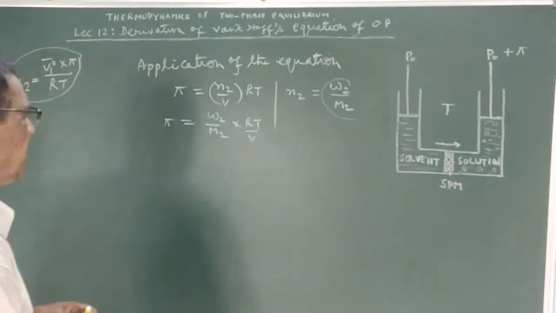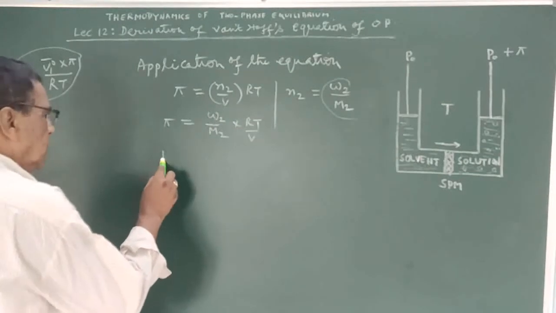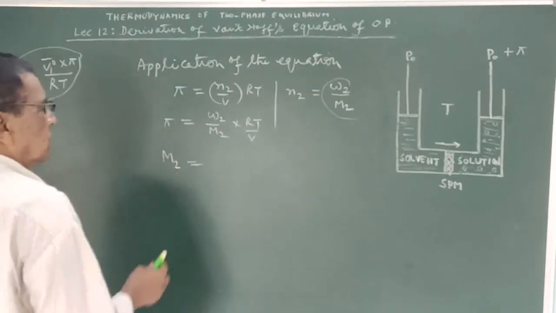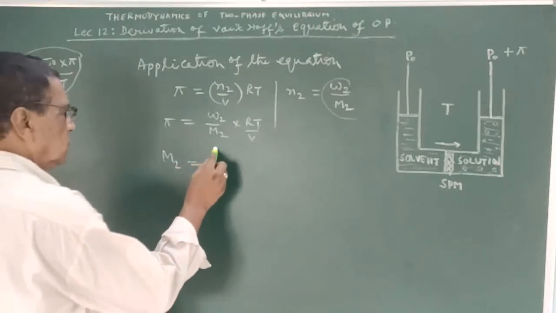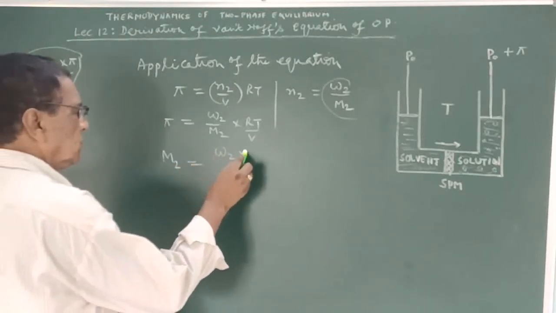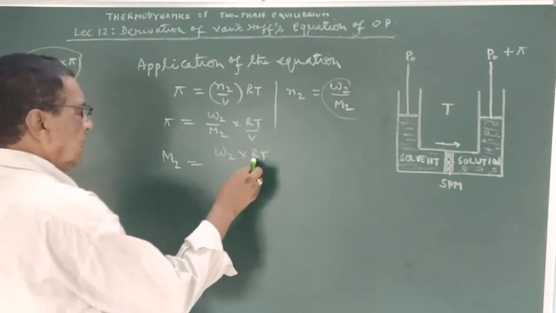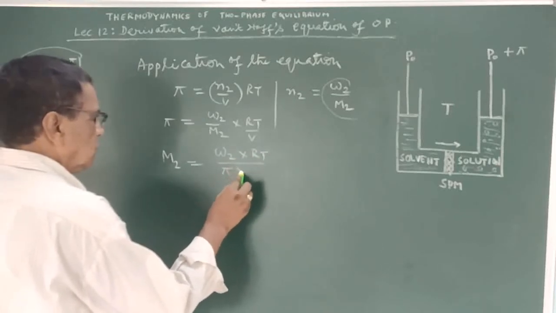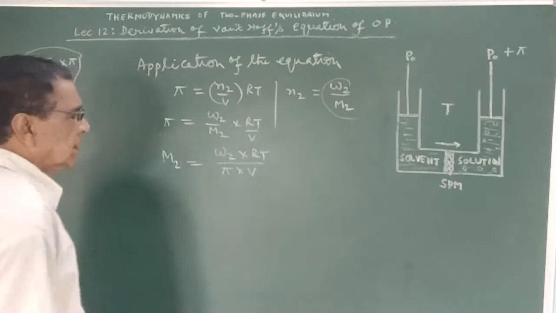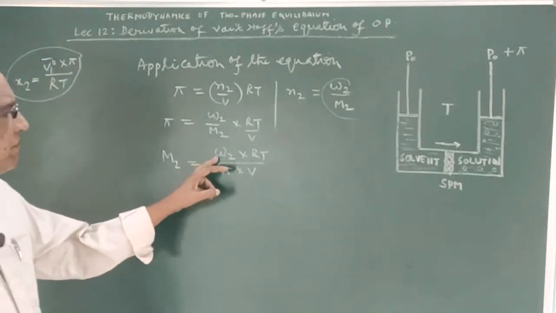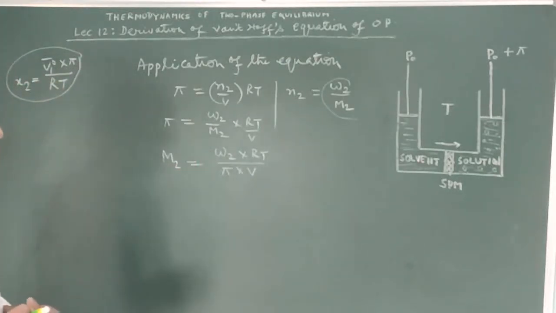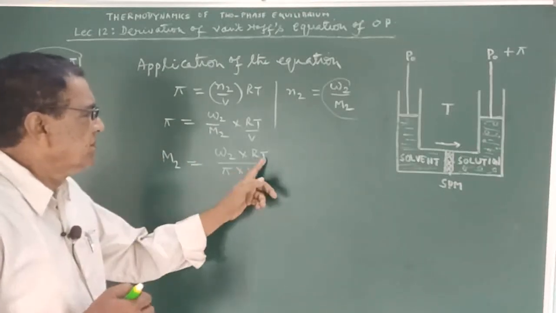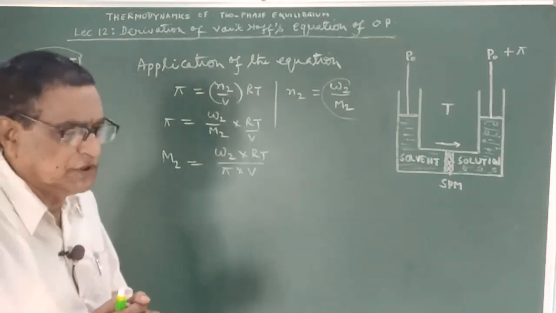Or we can say this molar volume N2 equals W2 into RT divided by pi into V. W2 is the number of grams of the solute dissolved in V liter of the solution at temperature T. Pi is the osmotic pressure.